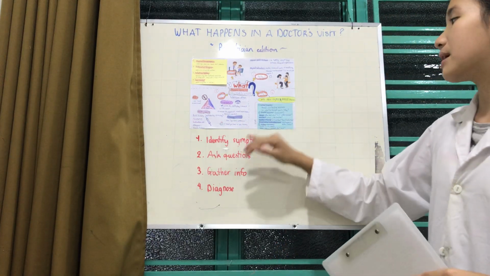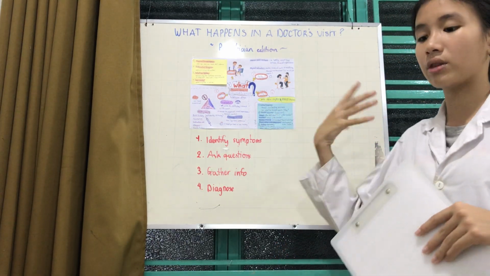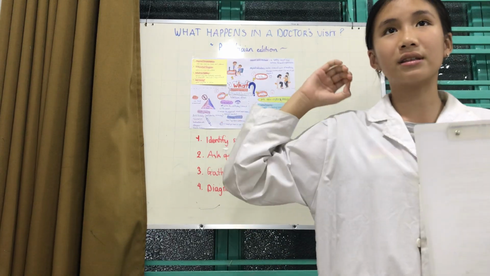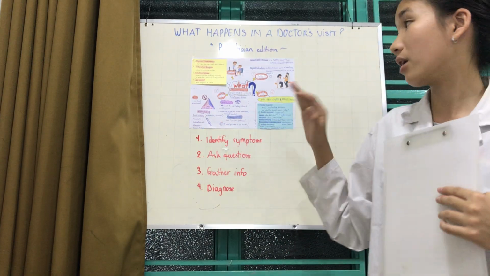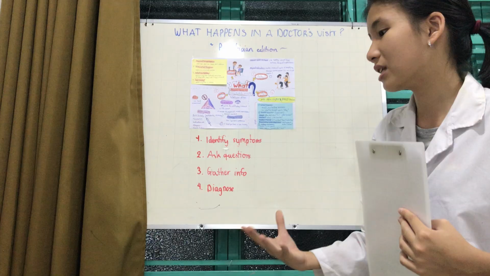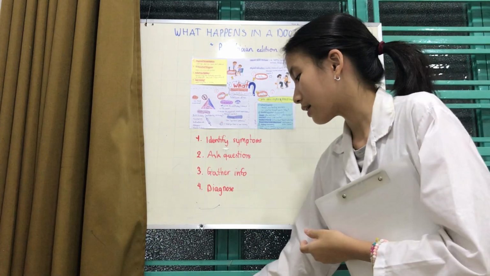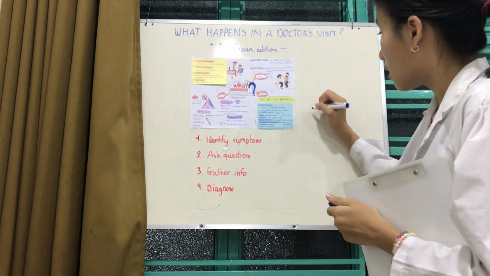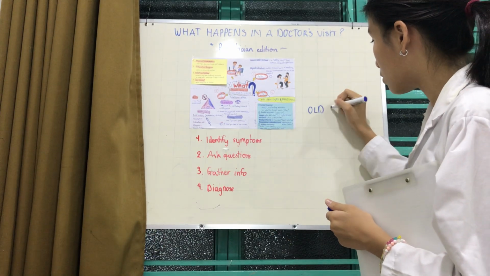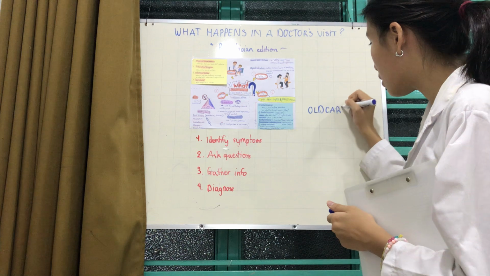The next step is the detailed questions. So these are the questions that I will need to press further. These are the open-ended and direct questions. And I use the OLD CARTS method.